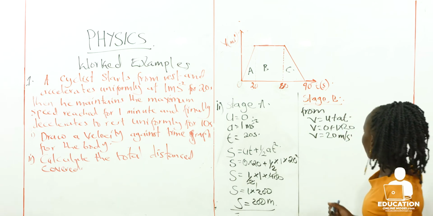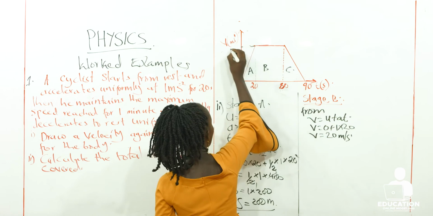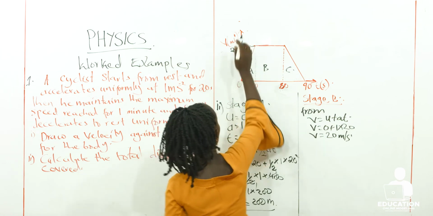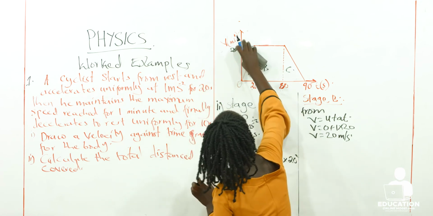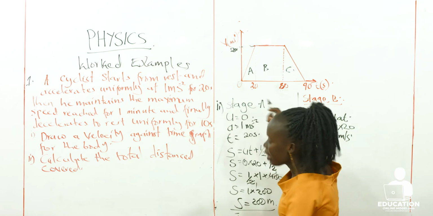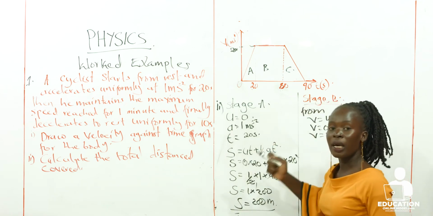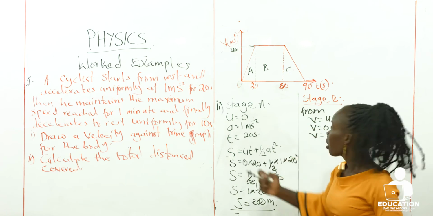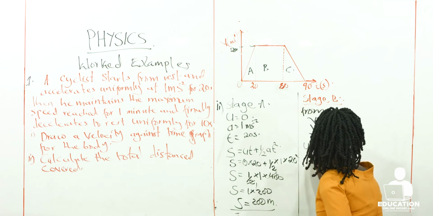So we say that this body, when it reaches here, has a velocity of 20 meters per second. So that means that at this point, the initial velocity of this body when it reaches stage B becomes the final velocity here. So our U in this case here is 20.